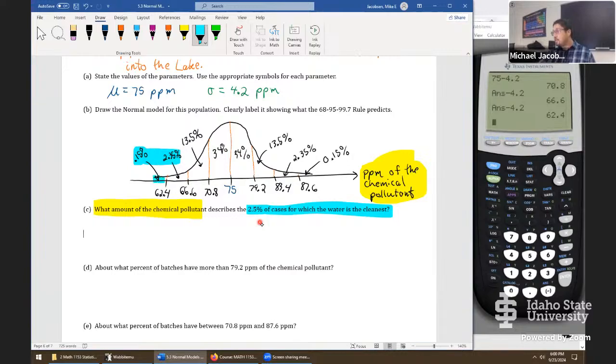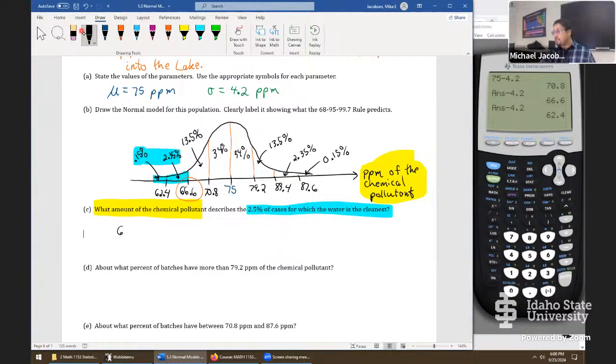So that tells us we are in these two regions. And the number we're using is going to be that one. Does that make sense, folks? Why the 66.6? Okay, so that's the boundary where less and less pollution occurs, and the percentages total to exactly 2.5%.